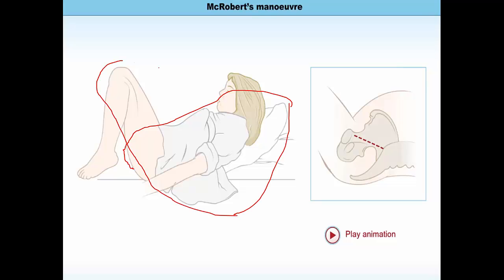There is flexion and abduction of the maternal thigh onto the abdomen.